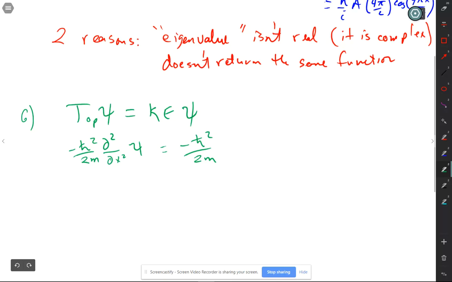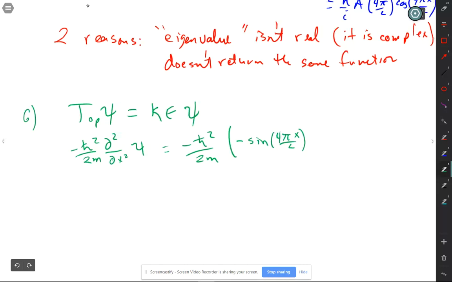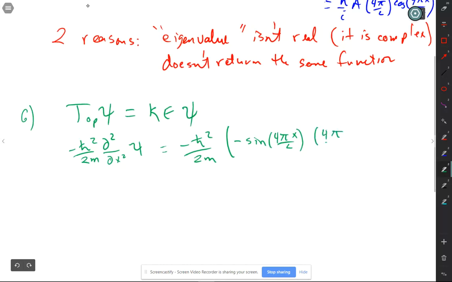Take the second derivative of sine, that's going to give you minus sine, times the derivative of the inside twice, so I have to have the 4 pi over L quantity squared. So that thing in parentheses is the second derivative.